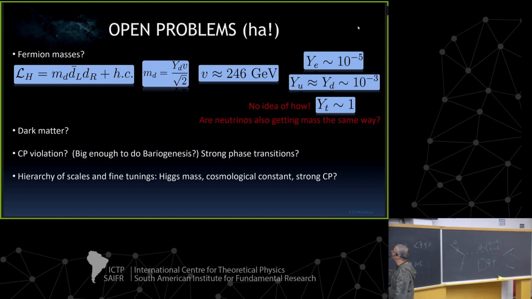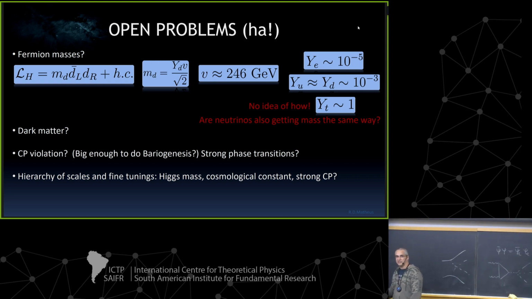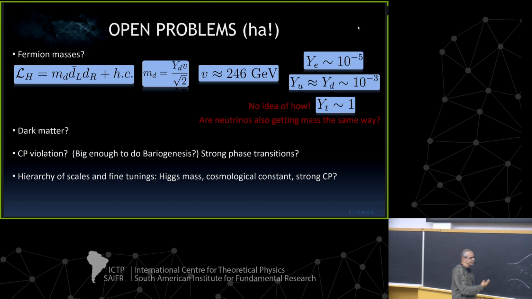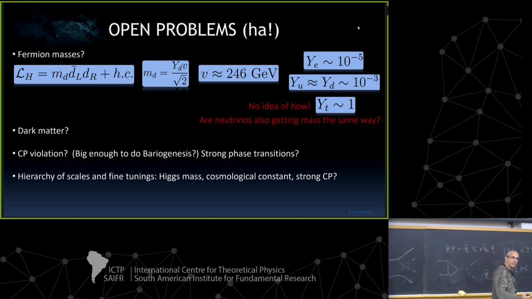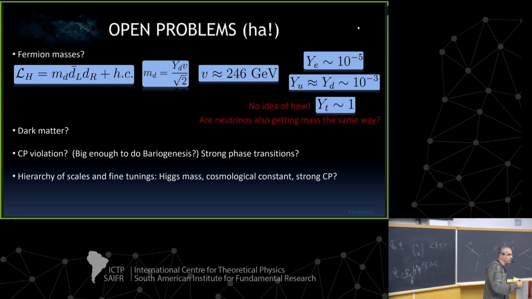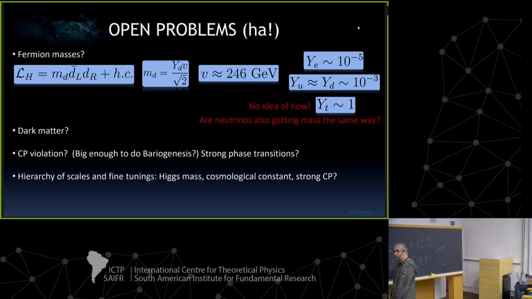And finally, these are very theoretical problems, which are fine-tunings in the standard model. This is hard to discuss with you because we didn't go through loop effects in quantum field theory. But the fact is that loop effects will change those numbers that we are reading from the Lagrangian. Sometimes they change those numbers a little, sometimes they change them a lot.